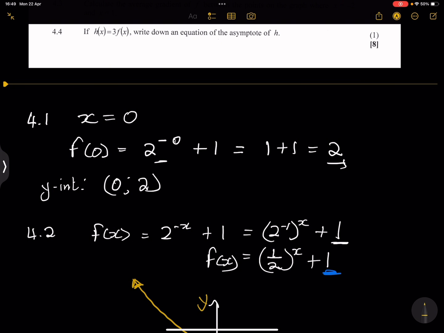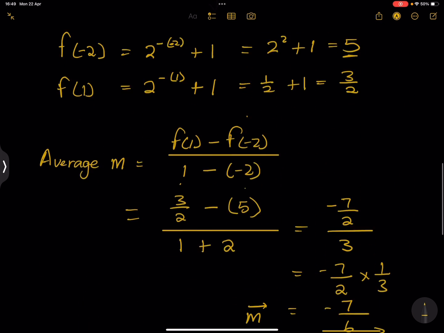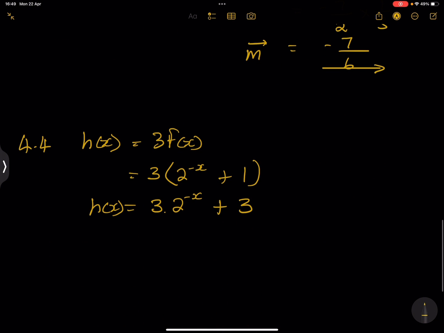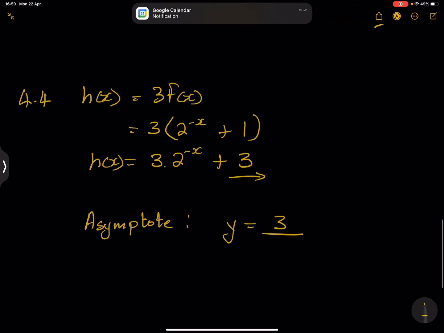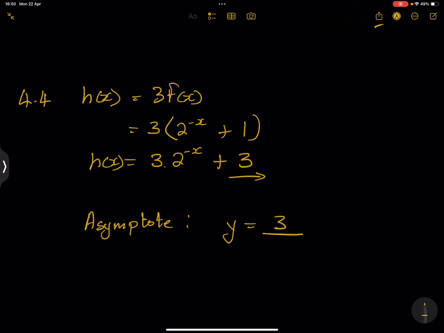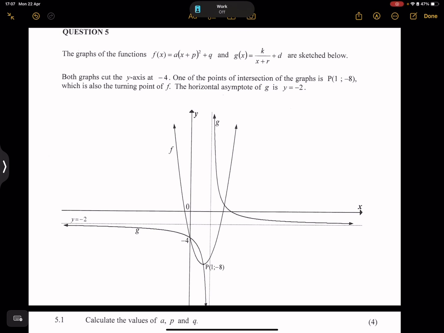We would have shifted it 3 units upwards. So the value of our asymptote now would be at y is equal to 3. And that is how the cookie crumbles for this question. And on to question 5 we go.